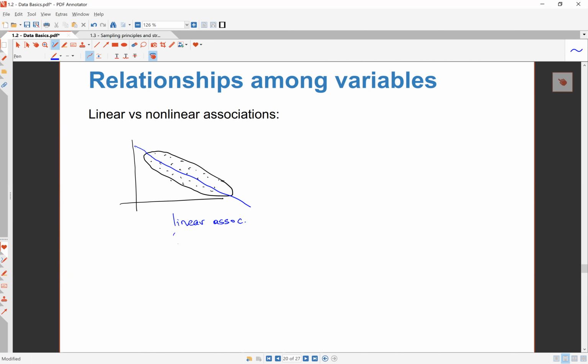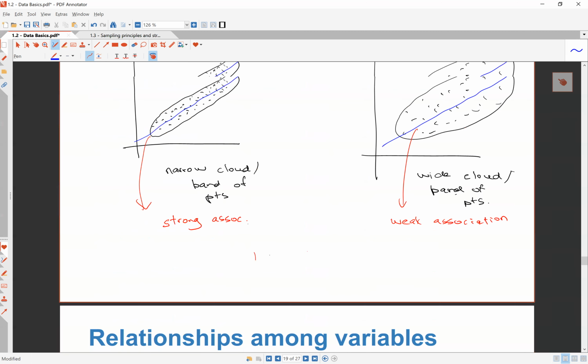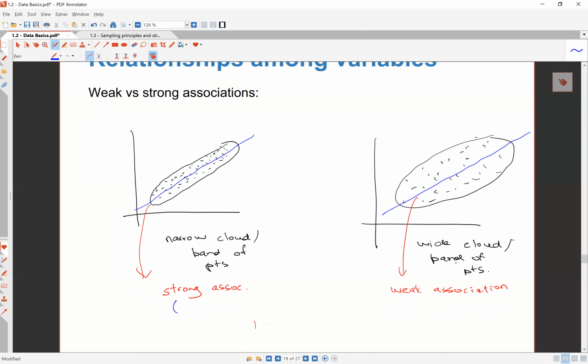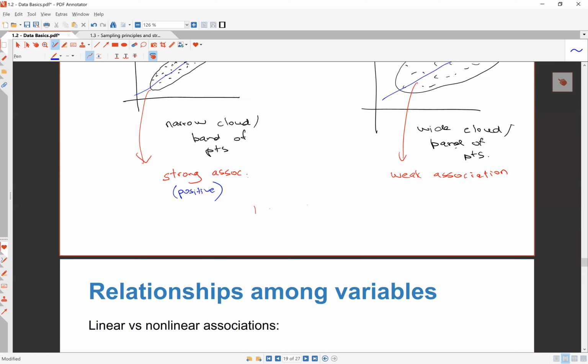And the direction of the slope line tells you whether it's positive or negative. If the slope line is trending downwards, it's a negative relationship. Here, if the trend line is sloping upwards, it's a positive relationship.